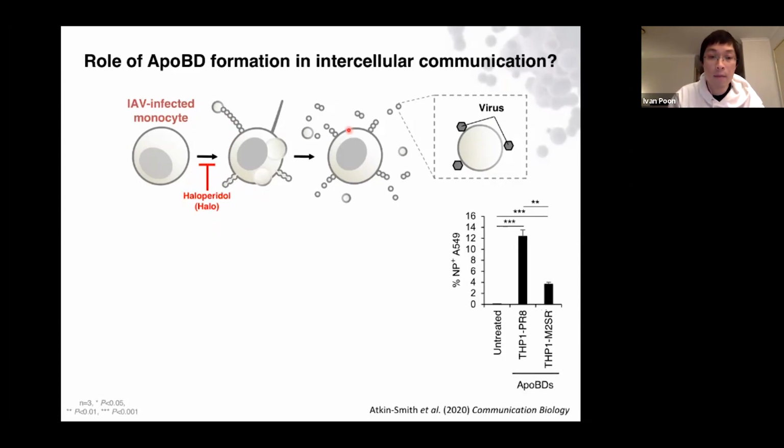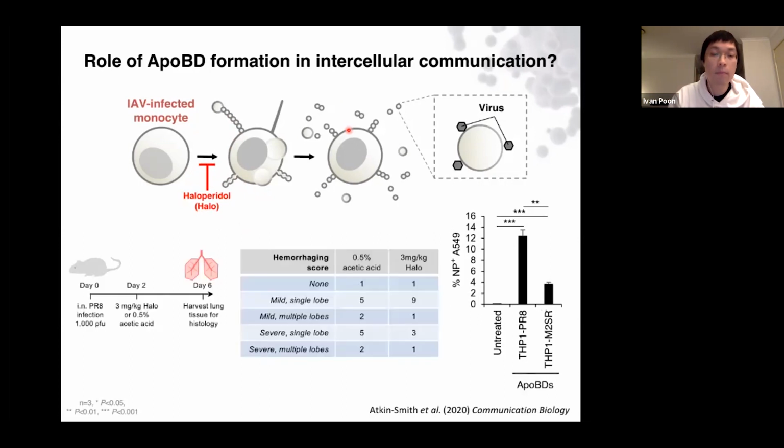But nevertheless, we went ahead and did a disease model, whereby we infected some mice with the influenza virus, and then on day 2, which is the peak of monocyte apoptosis, we treated the mice with either HALO or the vehicle control, and then at day 6 we monitored the pathology in the lung.